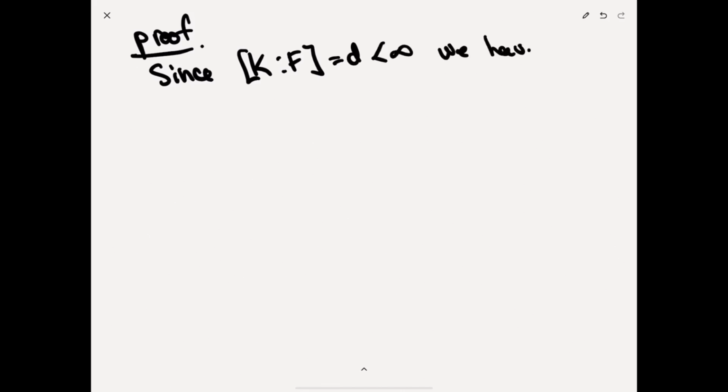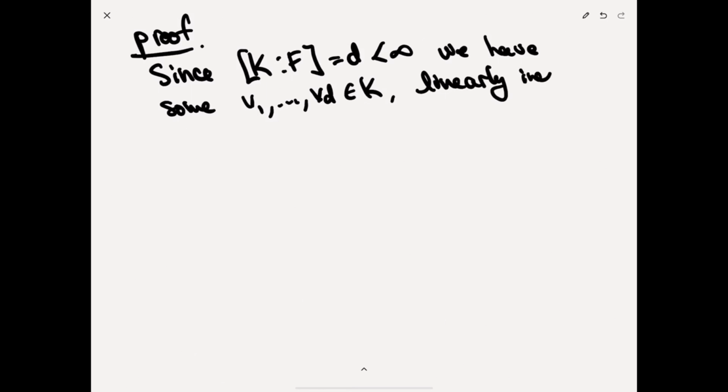Here's the proof. It's really easy. Since K is finite over F, of degree d less than infinity, we have some v1 through vd in K, linearly independent over F, such that K is the sum of these things.